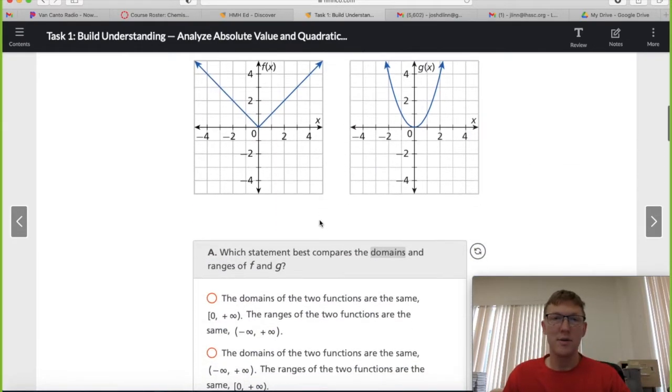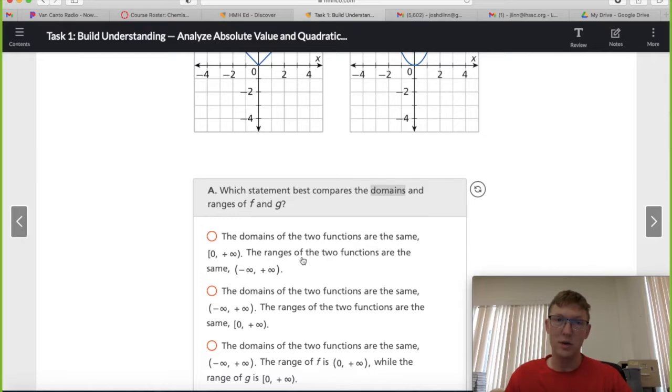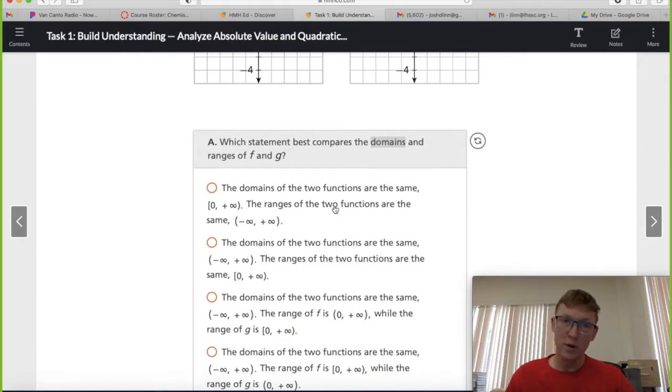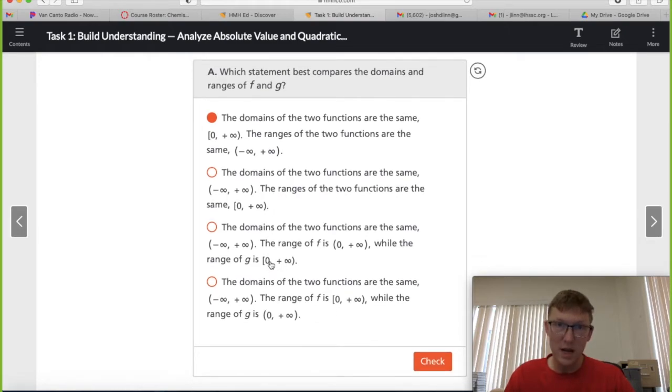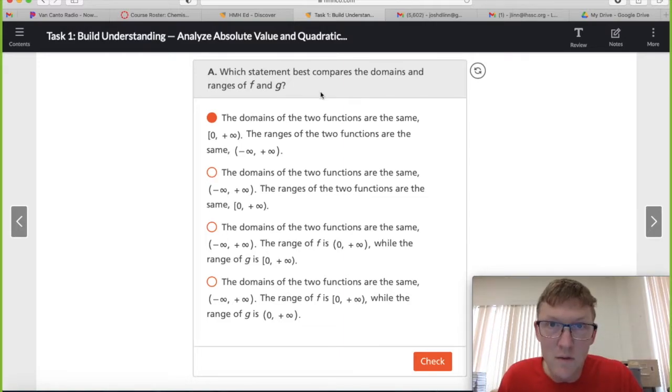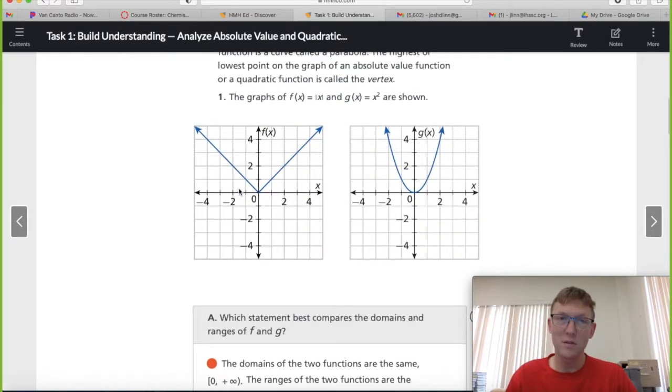So the domains for both of them are all real numbers, or in interval notation, negative infinity to infinity. Ranges, though: do you see either of the graphs down here on the negative side?